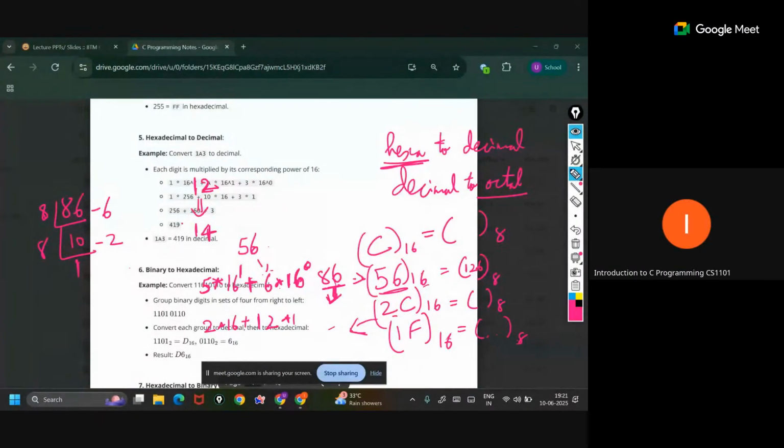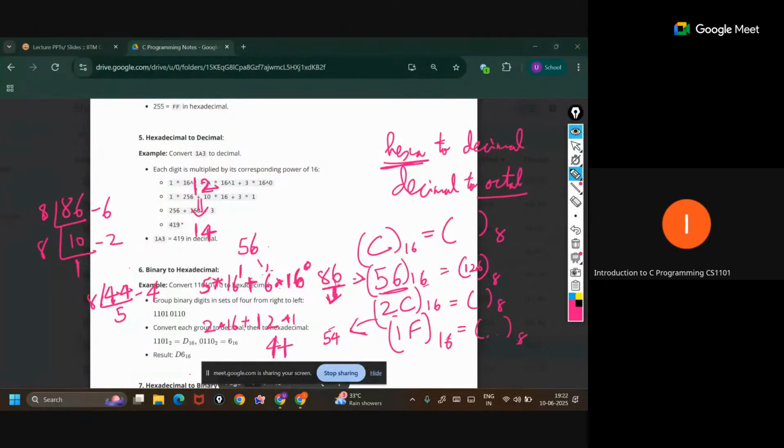Now this 44 has to be converted to octal. Then what I have to do? 44 divided by 8. 8 5s are 40, remaining is 4, right? So I'll get 54 as the answer for this.